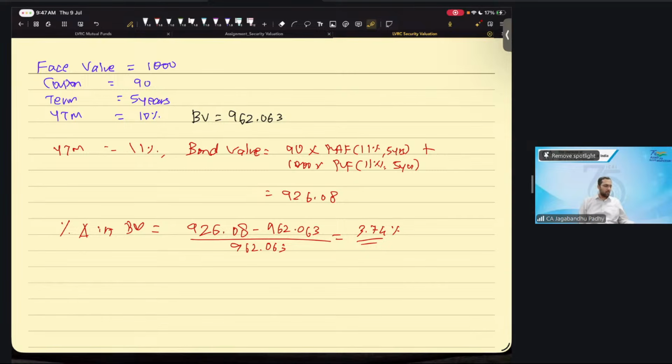Can anyone tell me what's the reason for modified duration not being in a position to capture the complete change in the bond value that we observe?